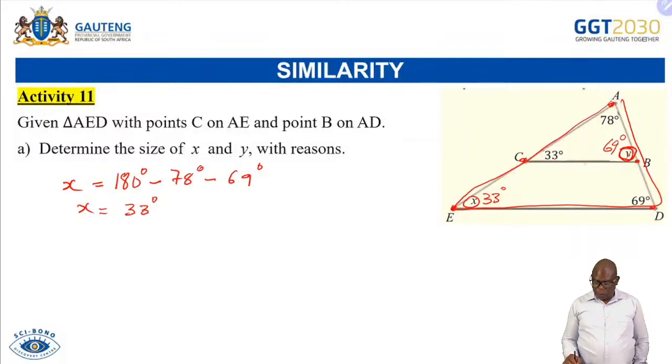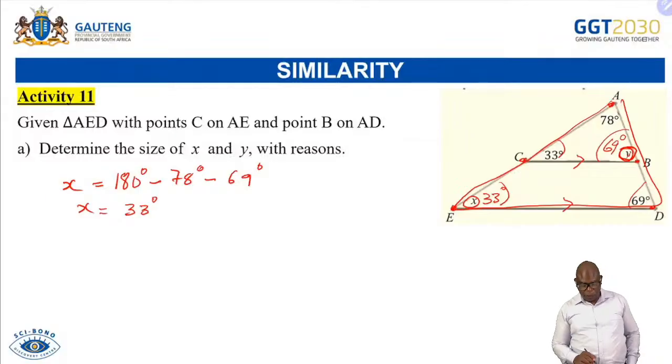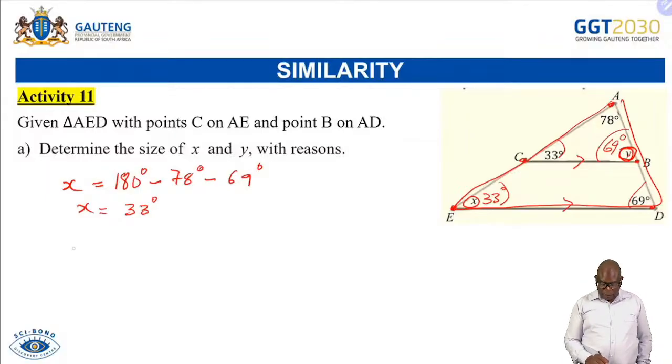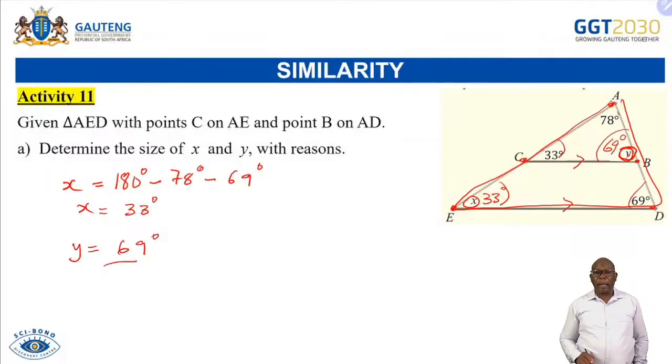So what do I know now? I now know that that line and that line will be parallel. This angle and that angle are corresponding, sorry, not alternating, corresponding. So now I have the x value and I've got the y value. The y value is 69 degrees, and those two angles, I then get them. Okay, right.